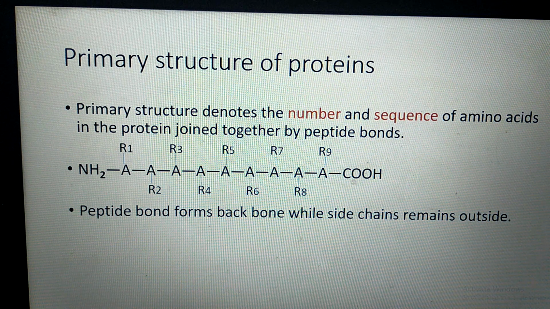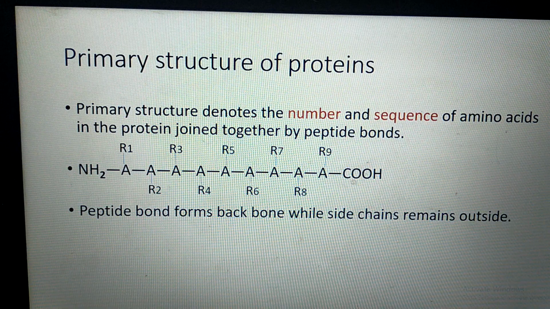That means it is nothing but a straight chain structure of a protein, which is shown here. Here peptide bond joins various amino acids while side chains remain outside. So in this case, peptide bond forms the backbone of the polypeptide chain.